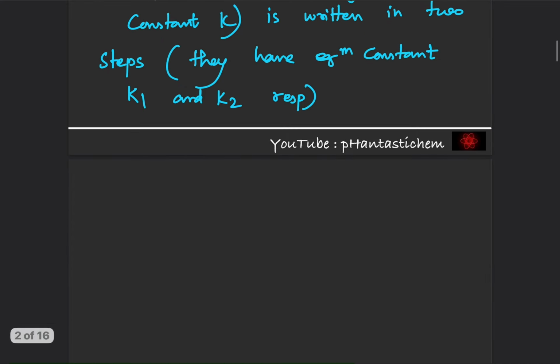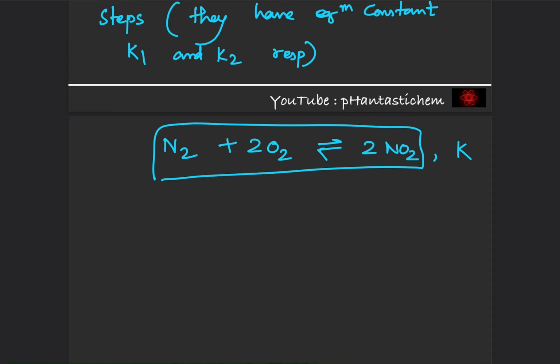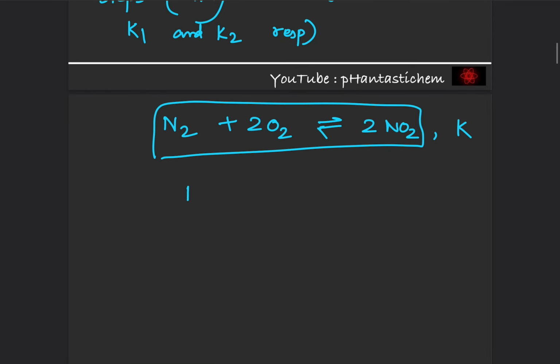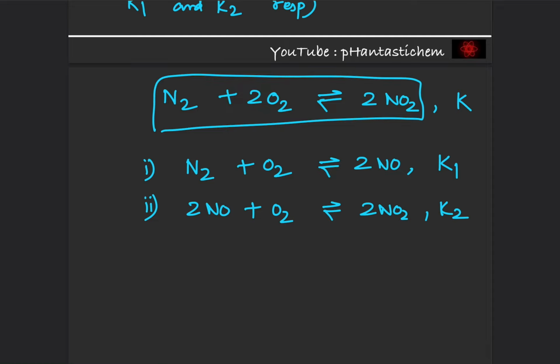For example, let us say we have a reaction N2 plus 2O2 giving us 2NO2, and let's say the equilibrium constant for this reaction is K, and let us say that this reaction takes place in two steps. The first step is N2 plus O2 giving us 2NO, and let's say the equilibrium constant for this one is K1, and the second step is 2NO plus O2 giving us 2NO2, and let's say the equilibrium constant is K2, right?